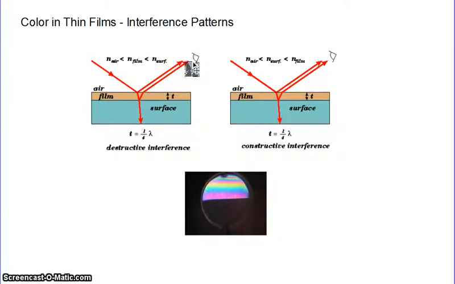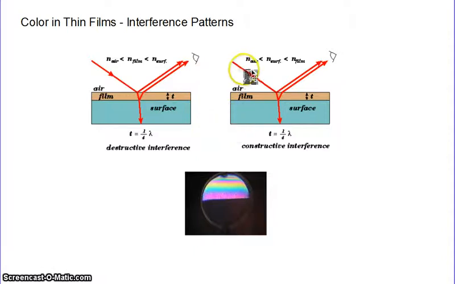You get destructive interference whenever the thickness of the film is equal to 1/4 of the wavelength. So if you have white light coming in, and the thickness of this film is equal to 1/4 of the wavelength of green light, the green light will be subtracted out, and only the red and blue will come back out, and red and blue will be magenta. So here we see on this film, wherever it's magenta, the thickness is some multiple of 1/4 of the wavelength.